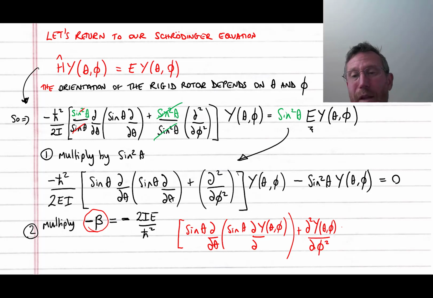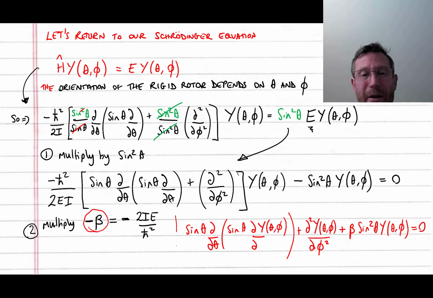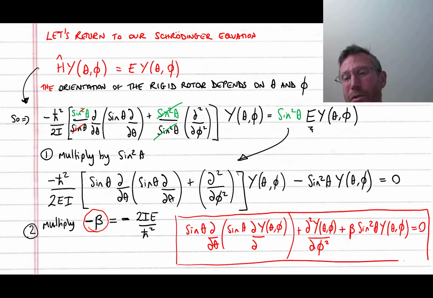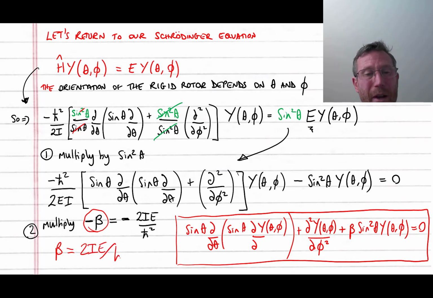And now this will end up being plus beta sine squared theta times psi, which is again a function of theta and phi, and that is equal to 0. So we've got a final expression here, a simplified version of the Schrodinger equation, if you will. And again, what have we done? We've replaced that. Let's remember that beta is equal to 2IE over h bar squared.